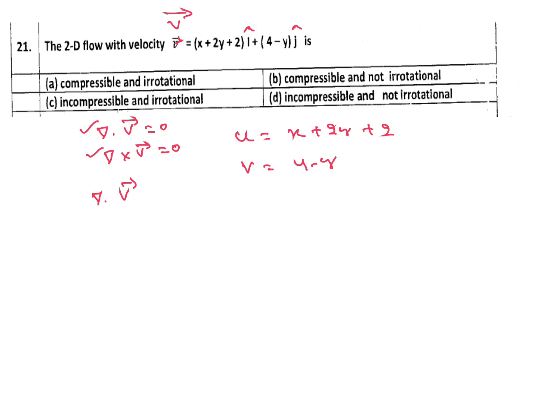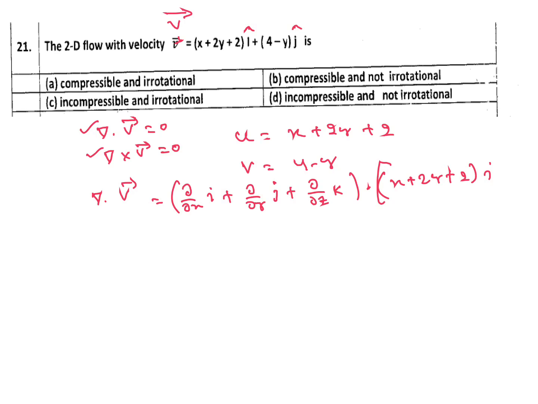First we will check del dot V. So del by del x i cap plus del by del y j cap plus del by del z k cap, dot (x plus 2y plus 2) i cap plus (4 minus y) j cap.